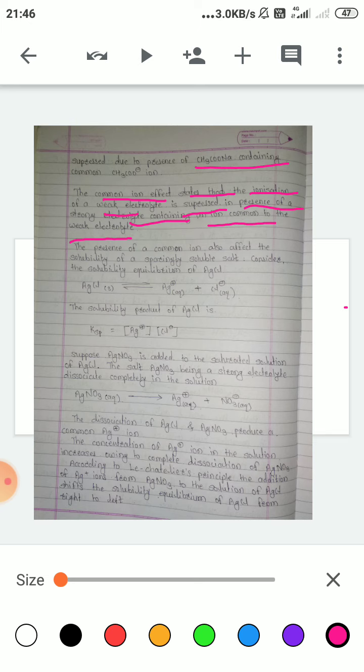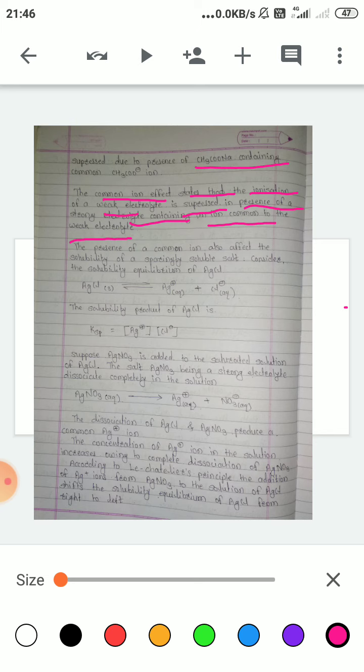What we have seen is that we took acetic acid and first wrote the reaction for its dissociation, which gives acetate ion plus H plus ion. If we add sodium acetate solution, then as sodium acetate is a strong electrolyte, it dissociates completely, forming acetate ion and sodium ion.